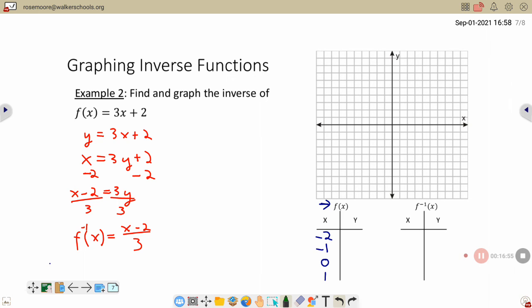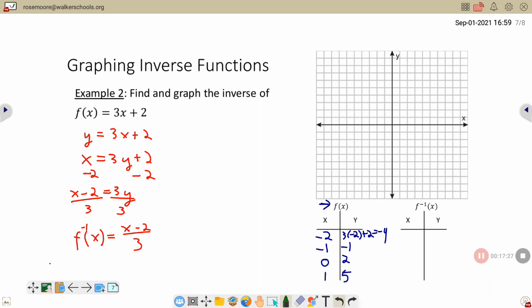So if I plug in -2, 3 times -2 plus 2. 3 times -2 is -6 plus 2. That gives me -4. I can do that for each one, but I'm going to just start doing them in my head. When I plug in -1, I'm going to get -1. When I plug in 0, I will get 2. And when I plug in 1, I will get 5.